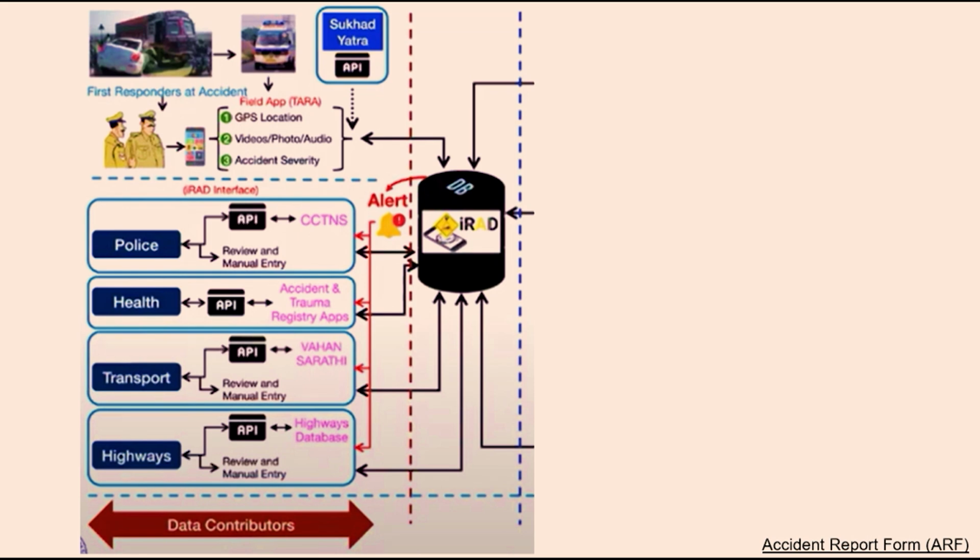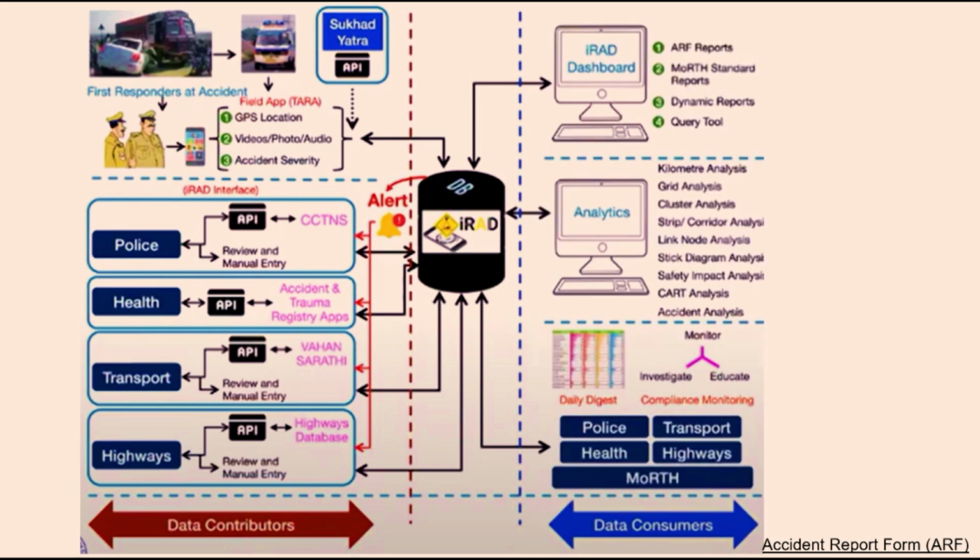Okay. So, here we will see what the different packages are, which we had already seen. They will be talking about trauma and accident-related information, then the transport department, then the highway department, and they will input the data. Once you get this data, what are the things that will take place afterwards?